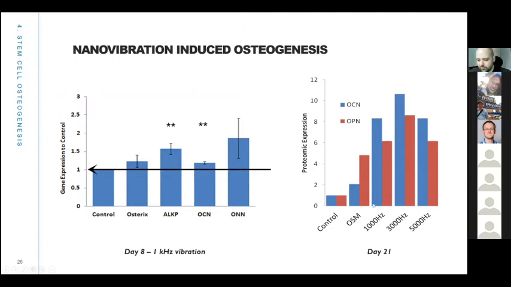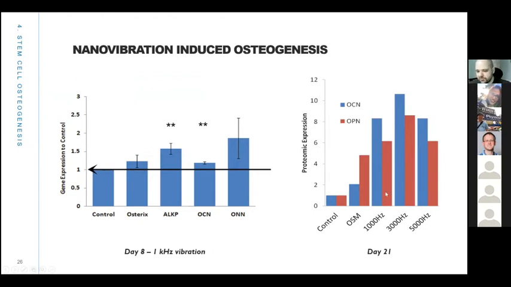And we have specific proteins such as osteopontin and osteocalcin, which again are increased with different frequencies of vibration. We also compared this to OSM, which is osteogenic media. So this is chemical stimulation of cell bone. And we're actually finding that the vibration in this case has a stronger response.